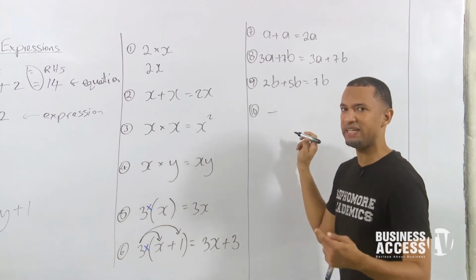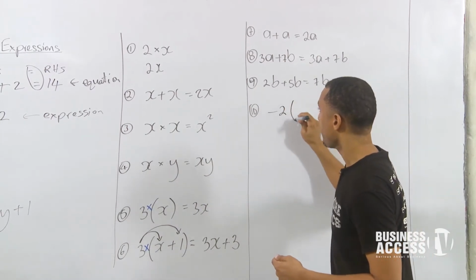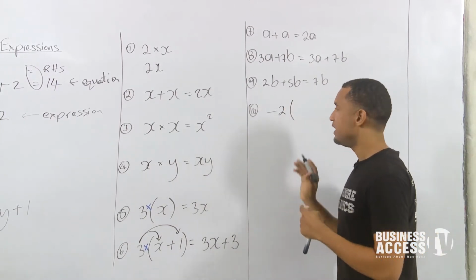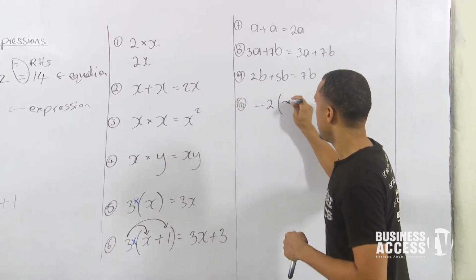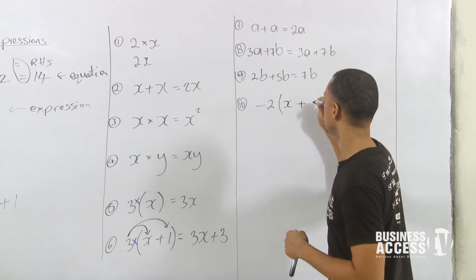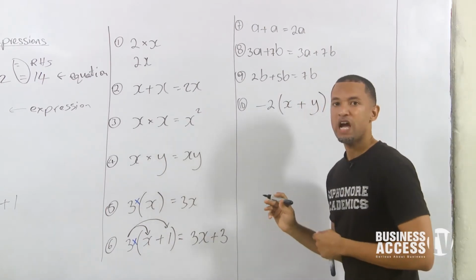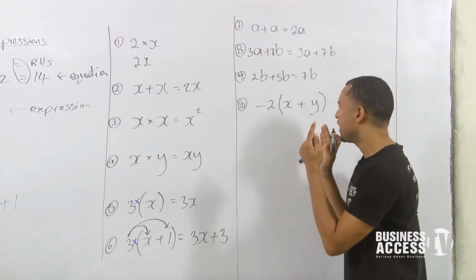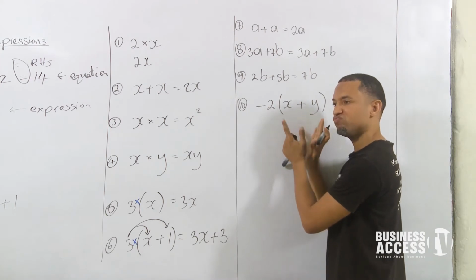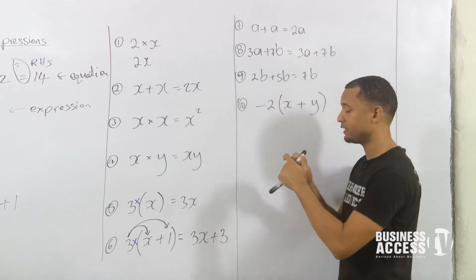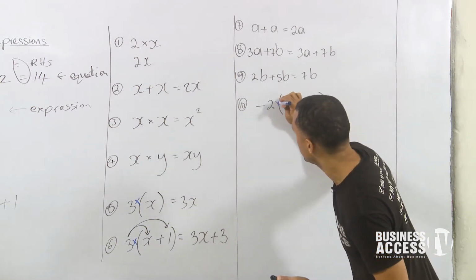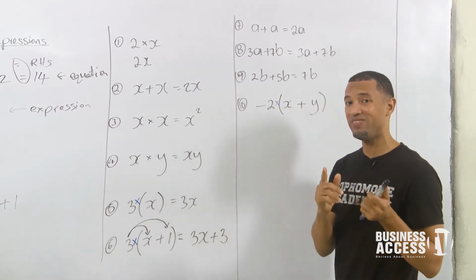All right, so let's look at this for instance. Let me use negative 2, and we're multiplying negative 2 by whatever is in the bracket. Let's say what's in the bracket is x plus y. Can we simplify further in the bracket? No. So you just go to multiplying it. Remember, there's an imaginary multiplication sign there.